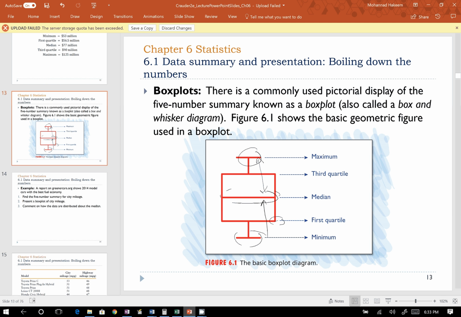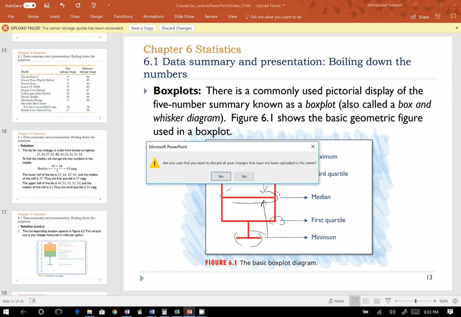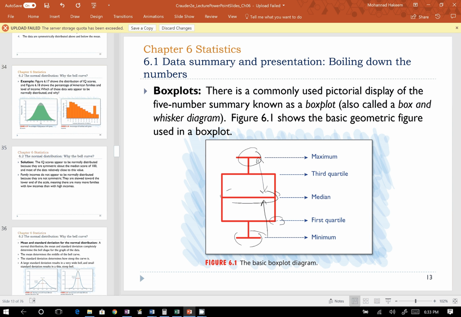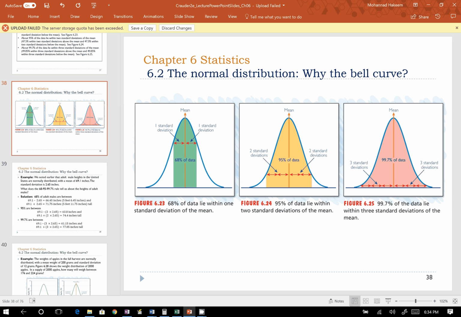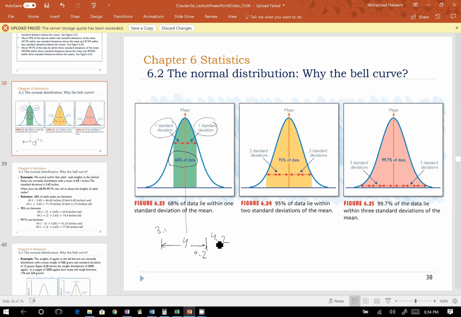Here's your formula or the figure from the book that shows the three formulas. 68% of the data exists between plus or minus 1 standard deviation. So in our problem, the mean was 4, the standard deviation was 0.2 millimeters. So the range for my data was between 4.2 and 3.8.